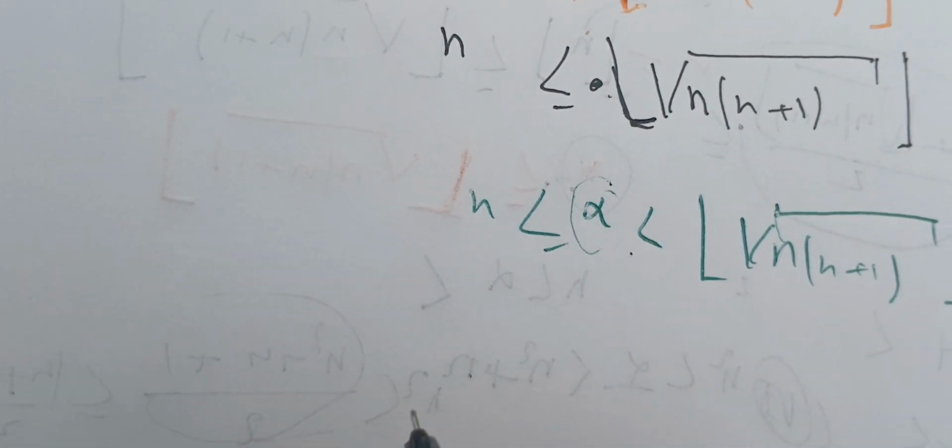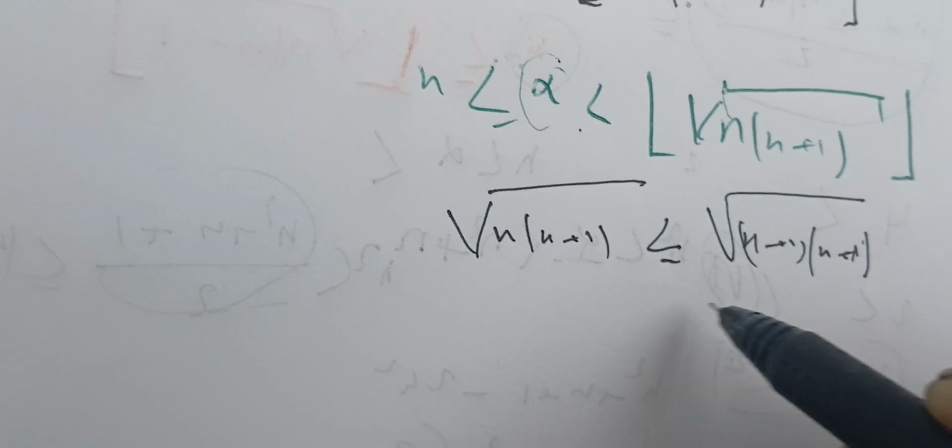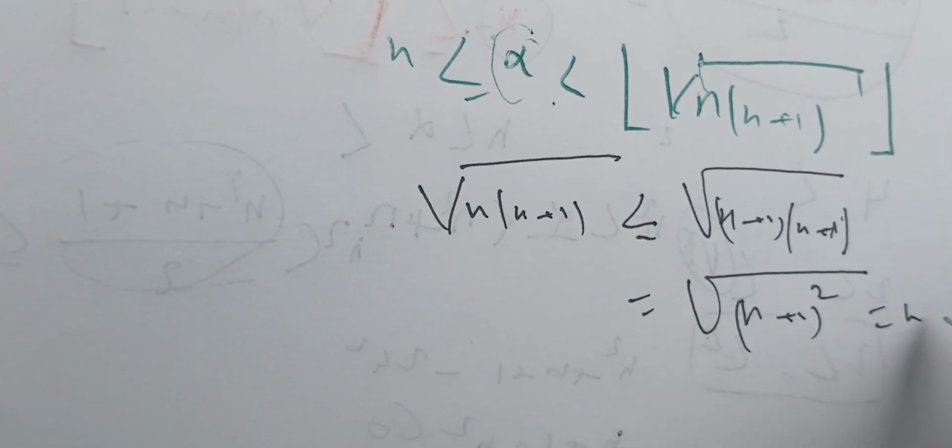No, because the square root of n times (n plus 1) is less than the square root of (n plus 1) times (n plus 1). This gives the square root of (n plus 1) squared, which is n plus 1.